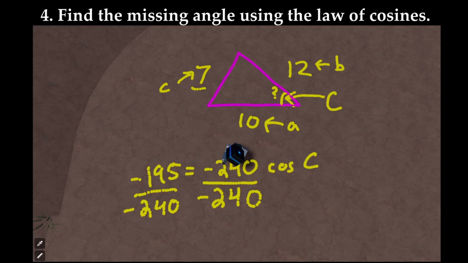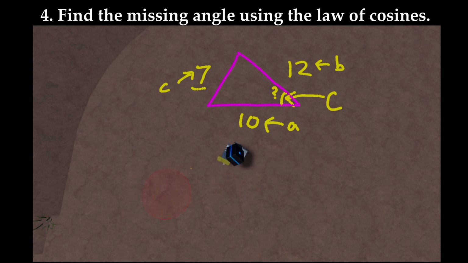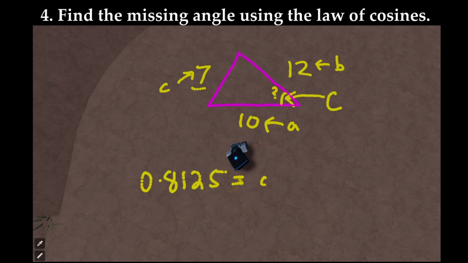And then the negatives will cancel out, because if you divide a negative by a negative, it becomes positive. And then if you do 195 divided by 240, that is equal to 0.8125. And that is equal to cosine of C.